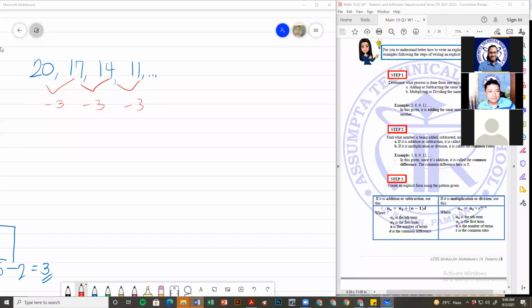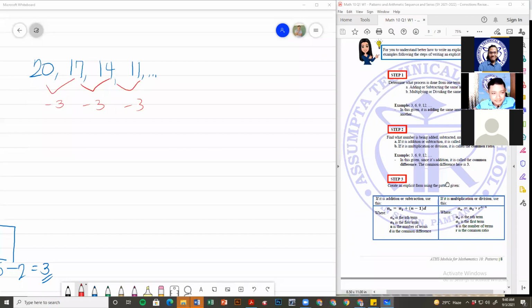I can see. Ba't wala pang formula? Okay, so May tried a formula.